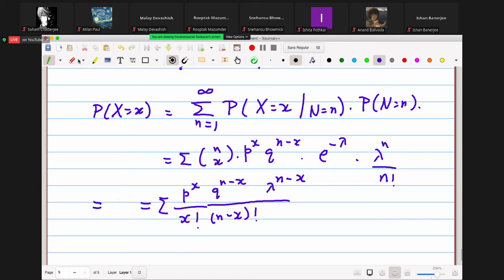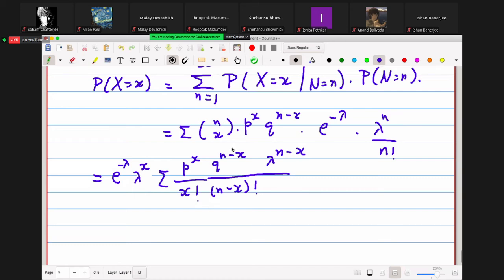So lambda power x comes out, and e power minus lambda also comes out. So in the next step, although I wrote n equals this, unless n is bigger than or equal to x, I'm going to get 0. This term is going to be 0. So n is bigger than or equal to x.